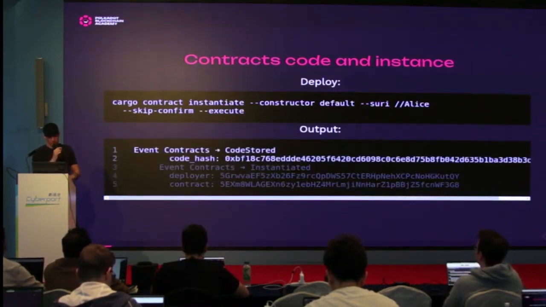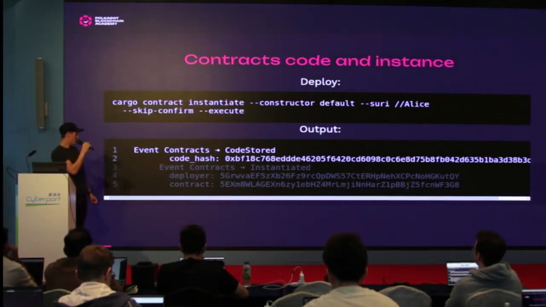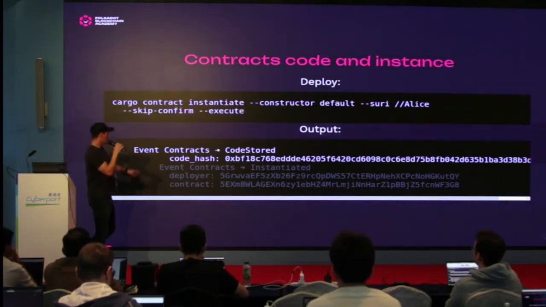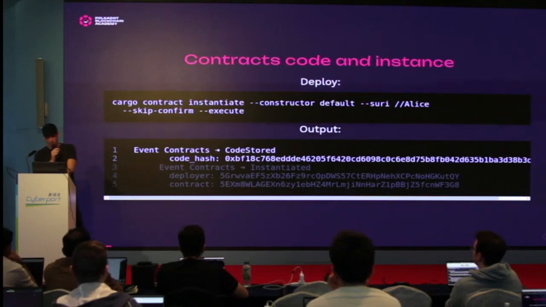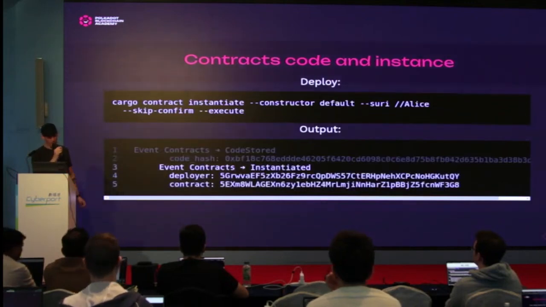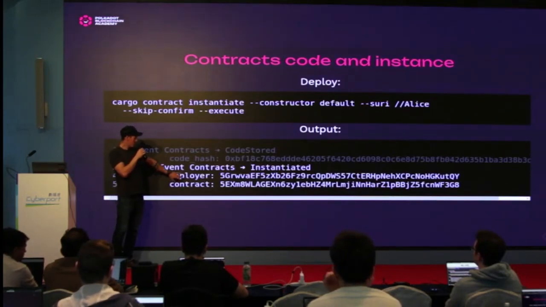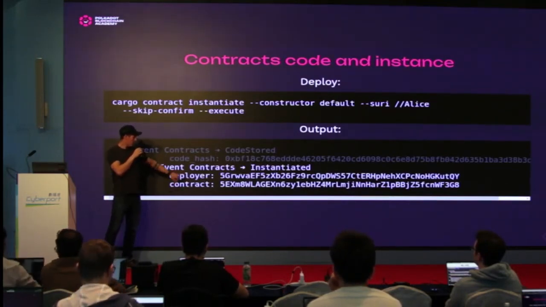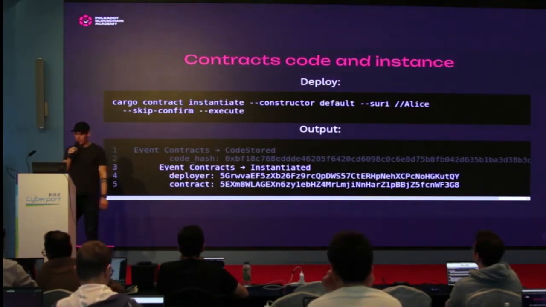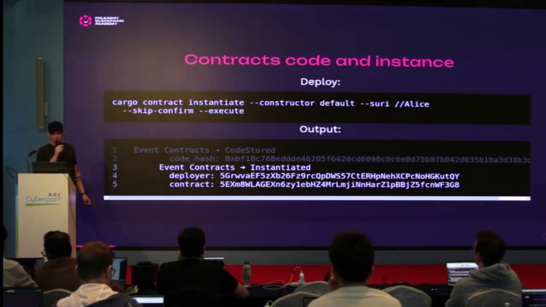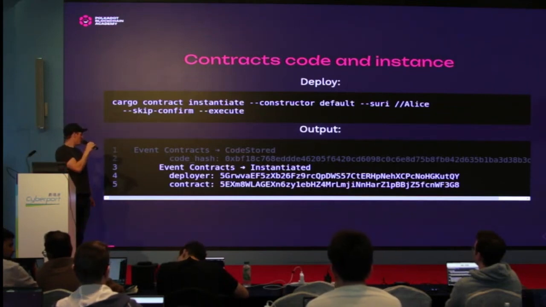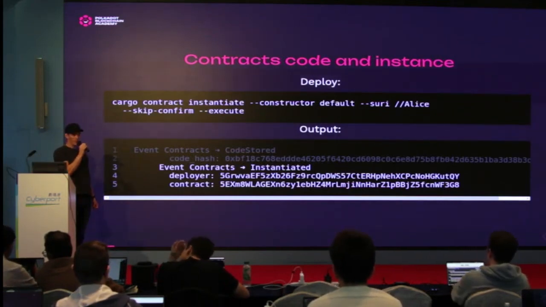There's one event for storing the contract, and it carries a code hash, and another event that says instantiated. Deployer is just whoever called that transaction, and we get an address of the contract. You might be wondering, why are we seeing two events?